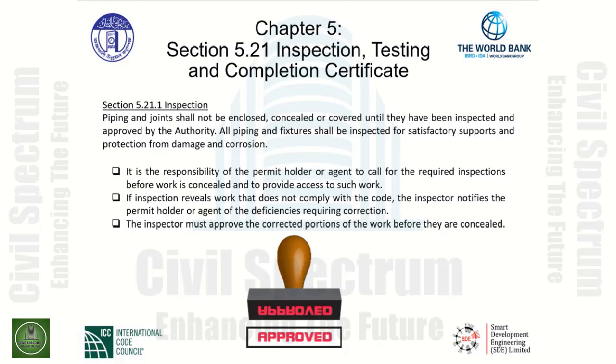So the authority must inspect all piping, all joints, all supports prior to any concealment or covering with earth. This is important so we can verify the materials have been used that are proper. The materials have been used that have been approved and that are in this code.